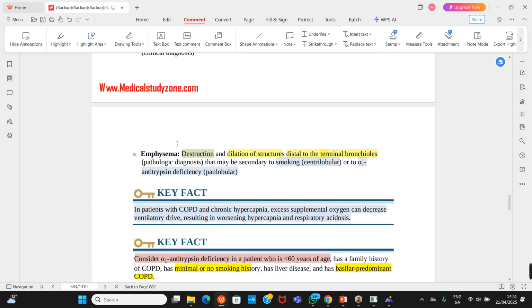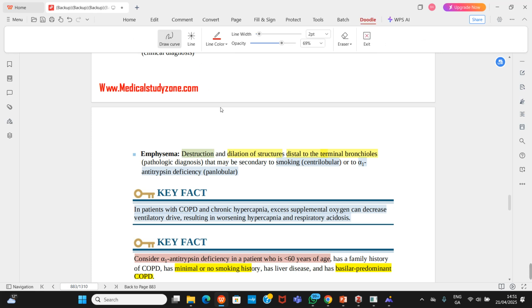In emphysema, if this is the lung, and we have the alveoli here, they have elastic fibers that surround them, like this, so that they can expand when air comes in.